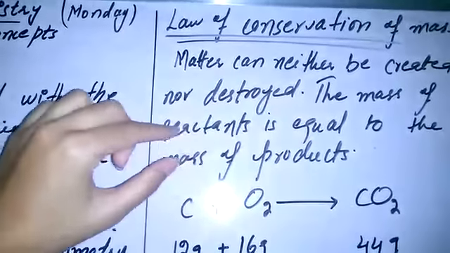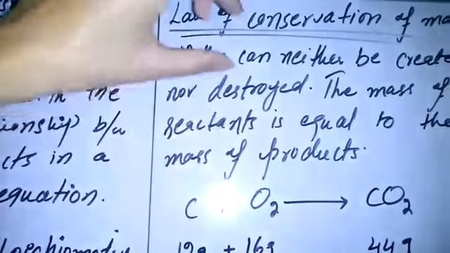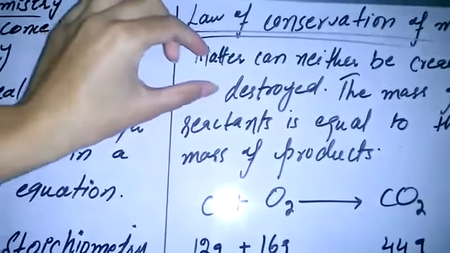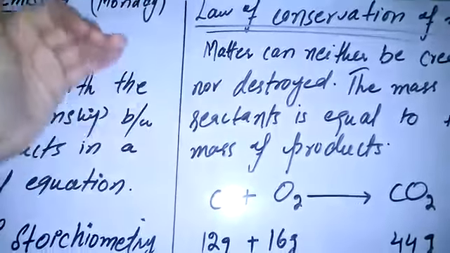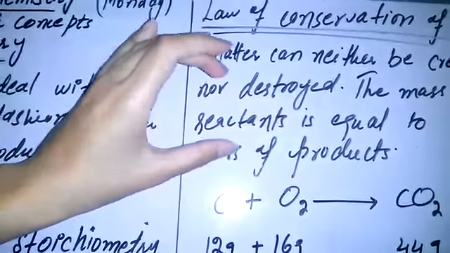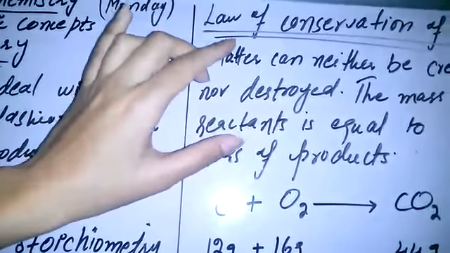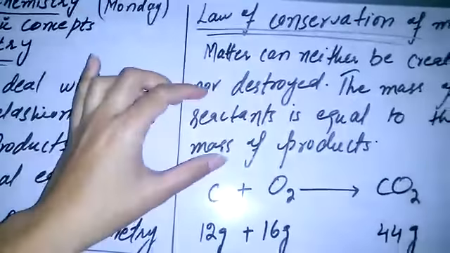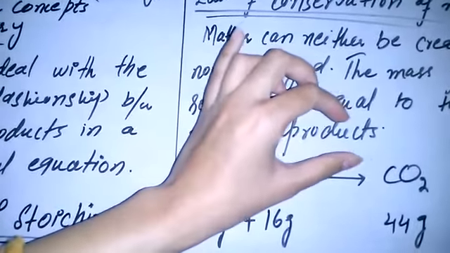The mass of reactant is equal to the mass of product. As the atom is matter and matter is not destroyed, it can change from one form to another. This is the law of conservation of mass. So the mass of the reactant is always equal to the mass of product.